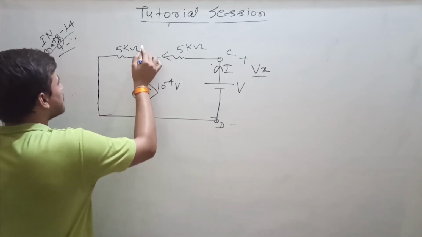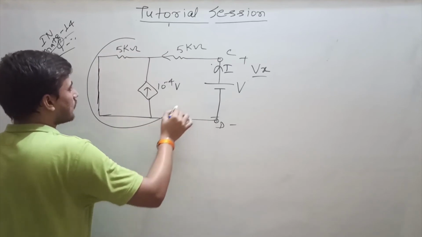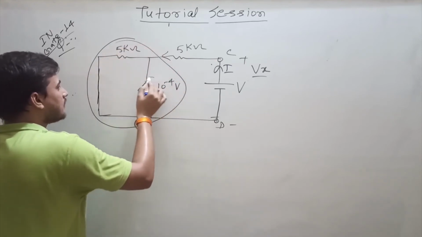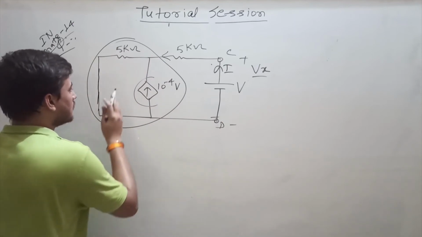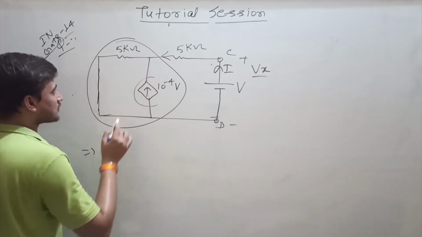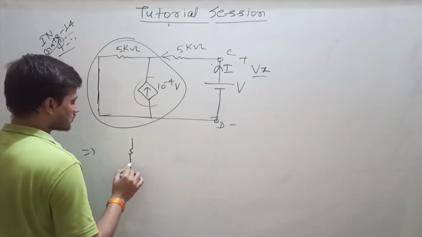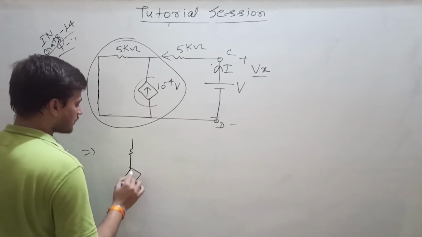Look at this one. This is a dependent current source connected across a 5 kilo ohm resistor. So you can use the method of source transformation, because source transformation is valid in the case of a dependent source.